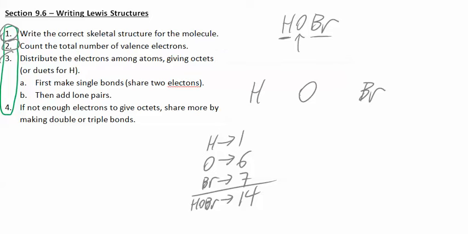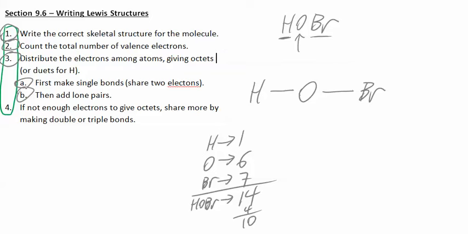Next, we're going to distribute the electrons among the atoms, giving octets, or in the case of hydrogen, a duet. And they suggest that first you make single bonds sharing 2 electrons. So H and O could have a single bond sharing 2. O and Br could have a single bond sharing 2. That uses up 4 electrons, so we have 10 left. Now everybody's at least connected together by 1 bond.